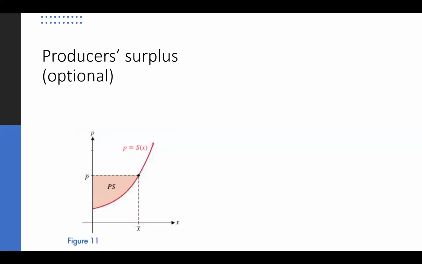Similarly, we have the money saved by the producers. So again, some interpretation: this is the money saved by the producers, and it's represented by this area, between the price P bar and the supply curve we have.